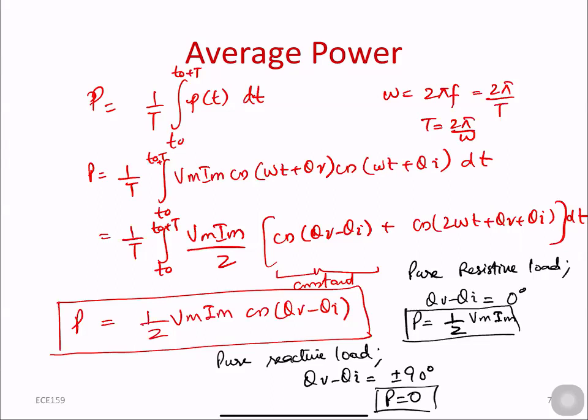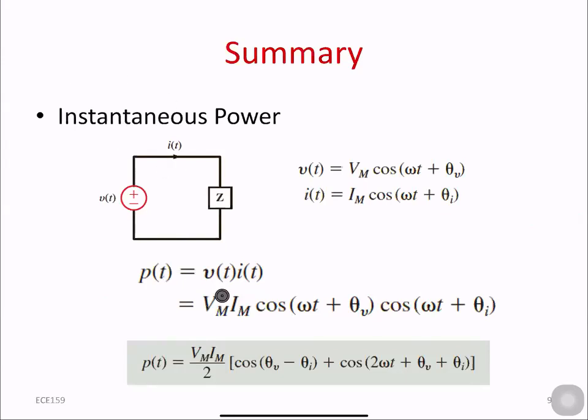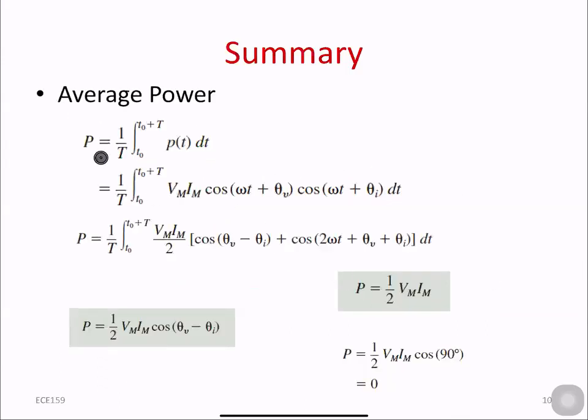Just to summarize, we calculated the instantaneous power by multiplying the voltage and current as a function of time, and we came up with this derivation with two parts: a constant term and a time varying term. However, when we average this out over one period of time, we came up with this equation.